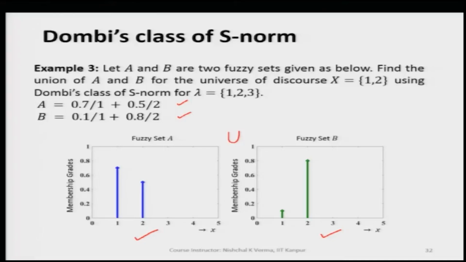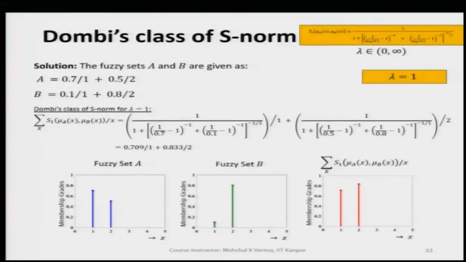So, when we take the union of these two, we can use the S norm, and that too the Dombi's class of S norm.